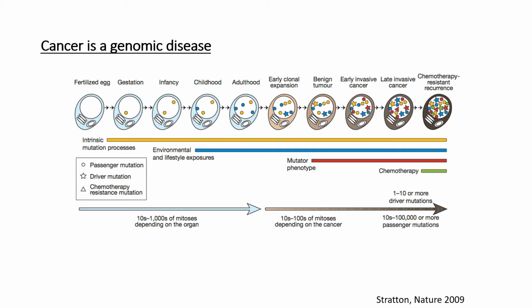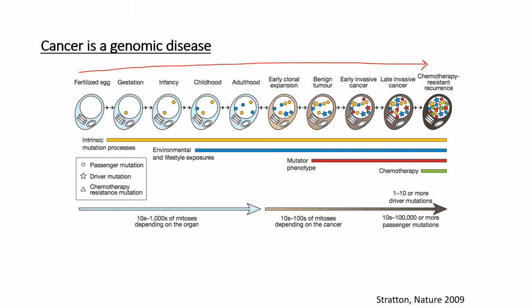Here you can see it starts from the fertilized egg and moves towards gestation, infancy, childhood, adulthood, then early clonal expansion, benign tumor, early invasive cancer, late invasive cancer, and then chemotherapy resistant recurrence. So these are different terminologies we will go through.